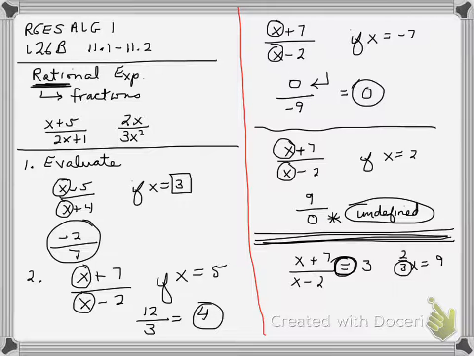Now the difference here is because I have this expression, this has to be done, recall order of operations, before this. So I could not take everything to the right side as a reciprocal because I've mixed my x's and my numerical coefficients or my number value.